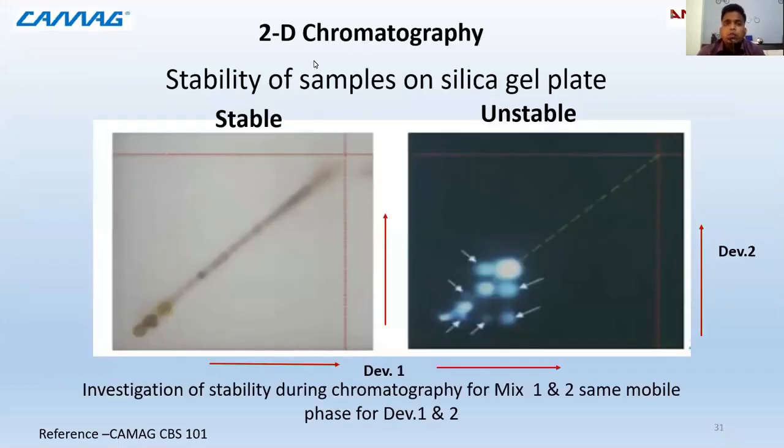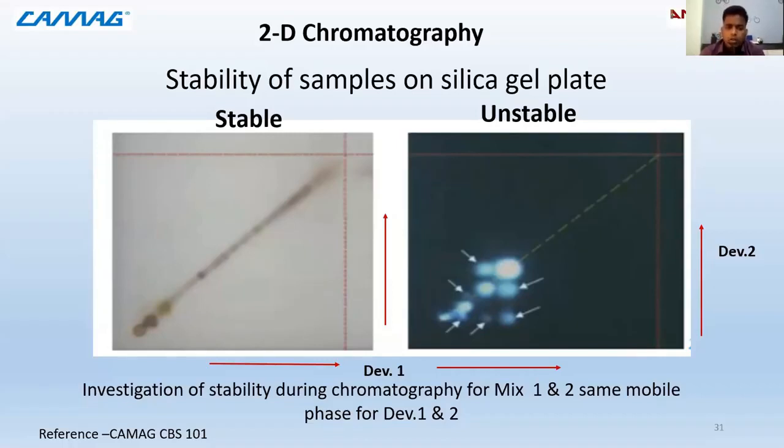Now this is 2D chromatography. If you want to find out the stability of your sample, you can do 2D chromatography. At one corner you apply your sample and run it in the solvent. After that you turn the plate 90 degrees and develop again with the same solvent or another solvent.